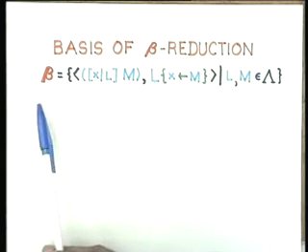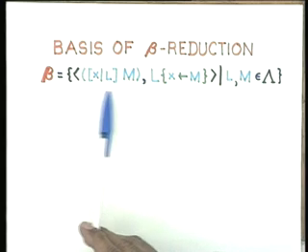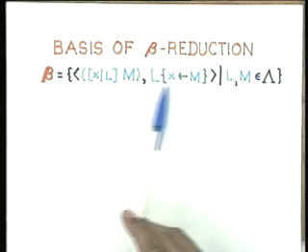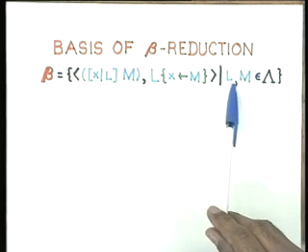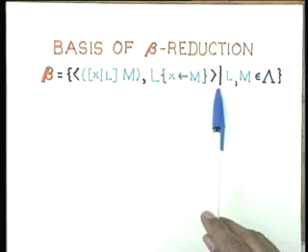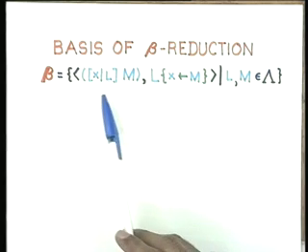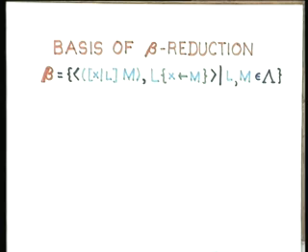The set of all bold betas is essentially a rewording of the first beta axiom for beta reduction. For all terms L and M belonging to lambda, this ordered pair, which means that this application can reduce to this substitution, is the basis of the beta reduction.